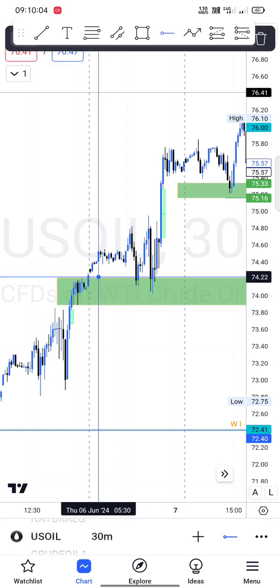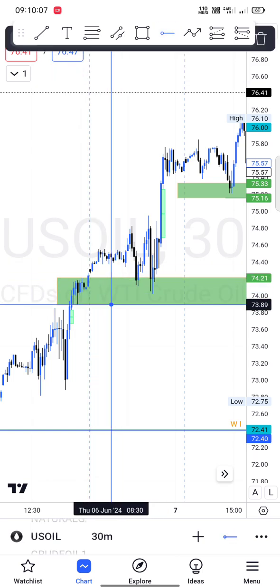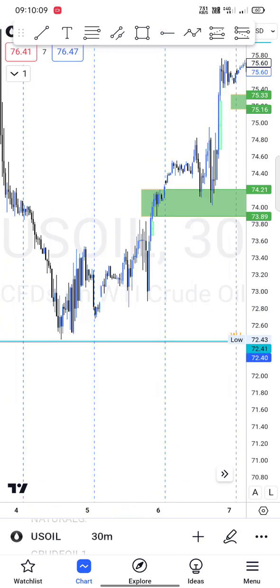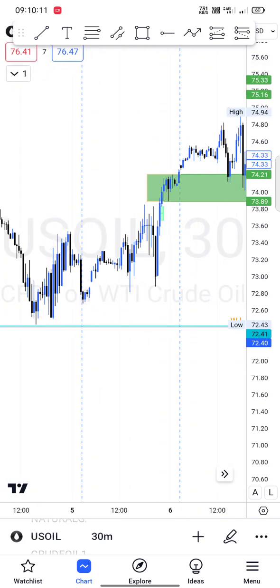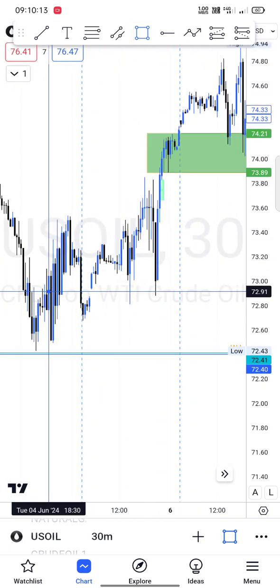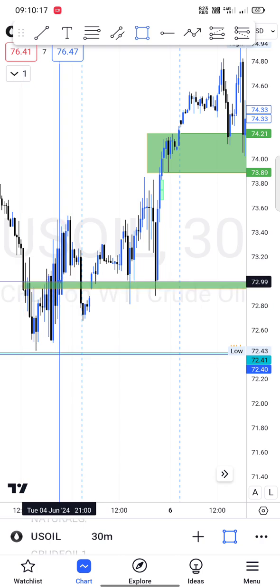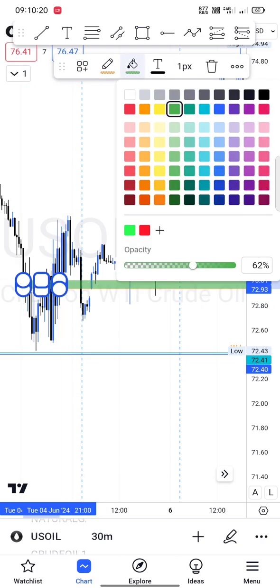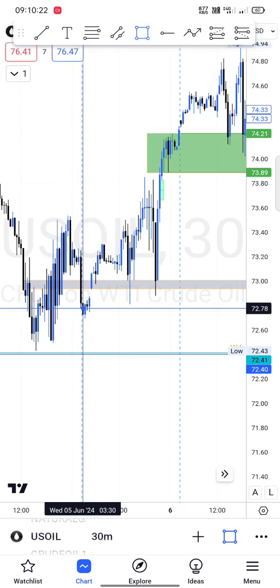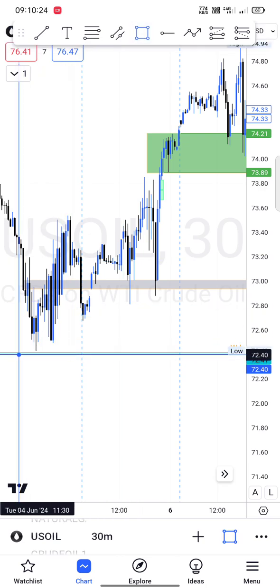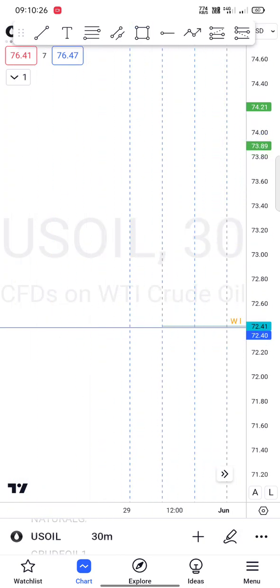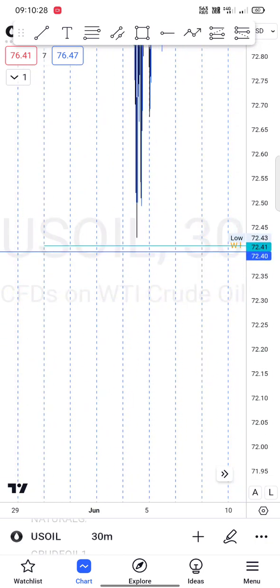This one is the next support, and key level, and it's a weak low. This is our weak low.